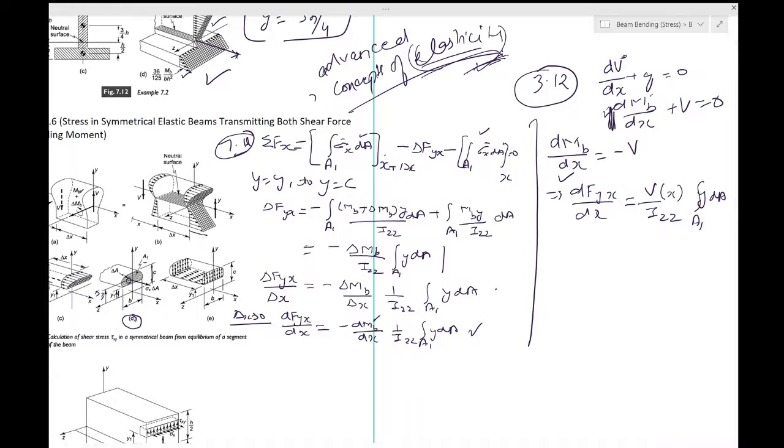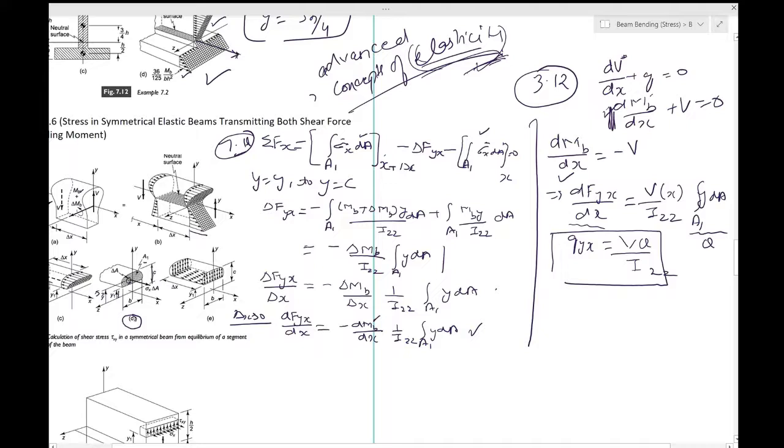Okay, so this is what you get, and if you would want to write this particular term as qyx, and the integral as Q, then you can have a more concise form, which is VQ by Izz, and it is very easy to see what these terms are.